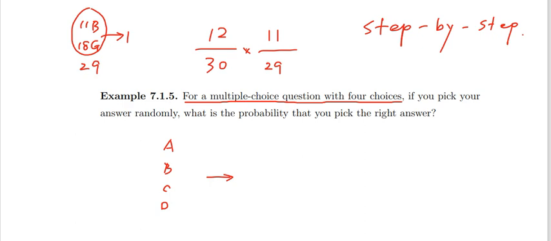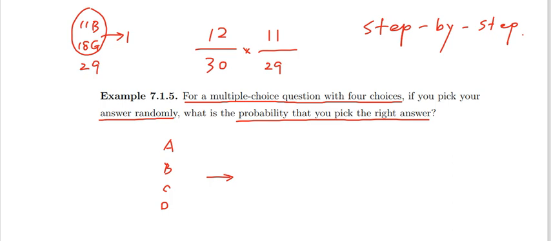So suppose you don't know the answer, you just pick randomly. Just pick one of them. Or you can pick A, you can pick B, right? Or C or D. So the question is, what is the probability that you pick the correct answer? You pick the right answer. So among them, only one is the right answer, right?